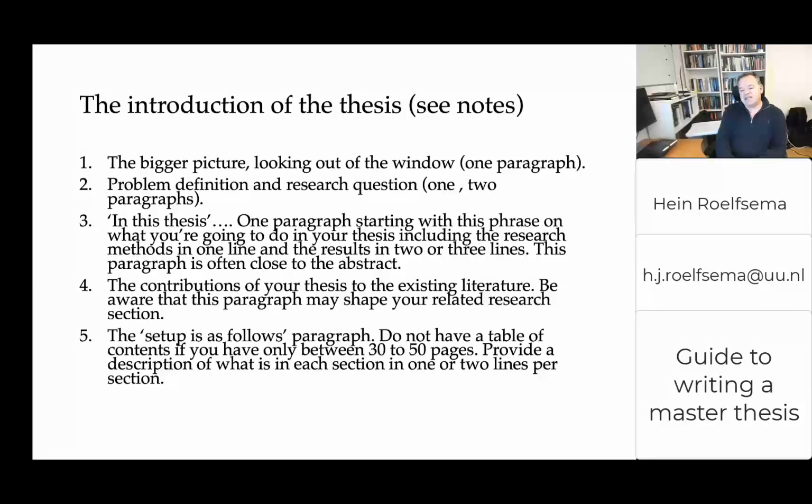And then end, I would say, with a paragraph which says the setup of the paper or the thesis is like this. I think that if you write a piece of 30 to 50 pages, you don't need to include a separate table of contents. I see a lot of students doing that. It can be, if it's a bit longer, to guide through, but often you'll see that there's a paragraph where you actually explain what the different sections are.